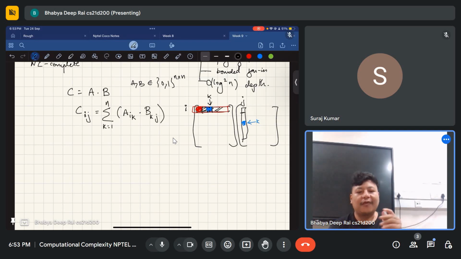So this is the compact representation of the formula for matrix multiplication, right?